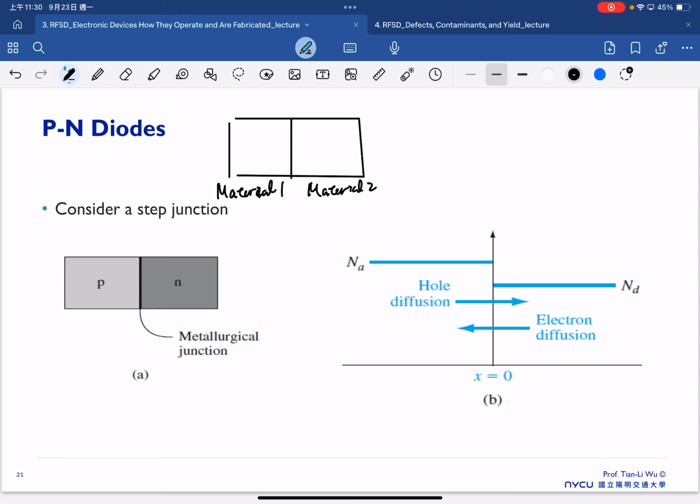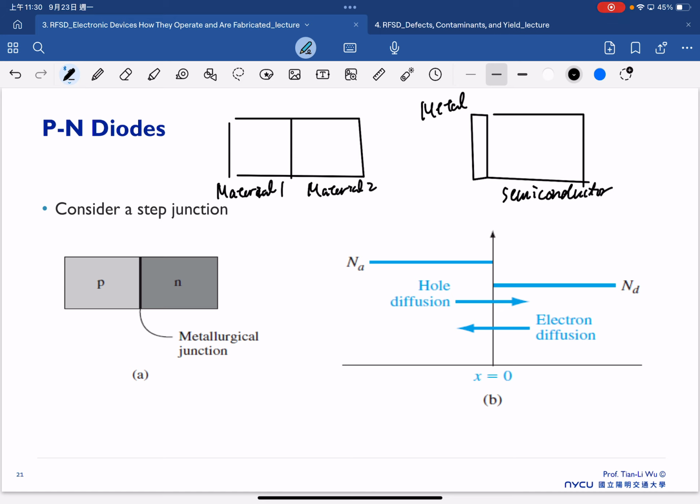And then the next is, this is still limited to one semiconductor material and another semiconductor material. But how about if we are trying to put one metal on top of a semiconductor material? That will be the metal and semiconductor.